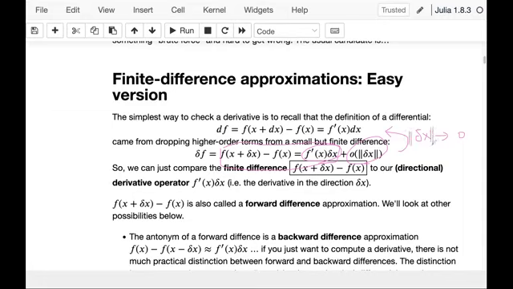That's the limit in which we get a derivative out of a difference. So you might expect that as delta x gets smaller and smaller, this difference formula should get more and more accurate. These terms that you're neglecting should get smaller and smaller, and this difference should match our derivative more and more closely.